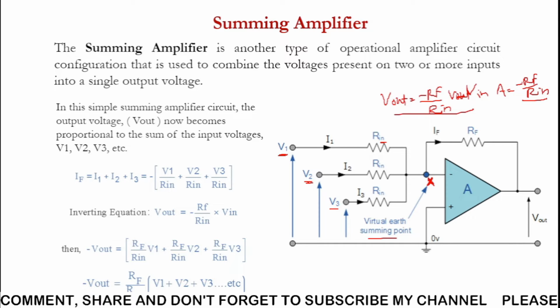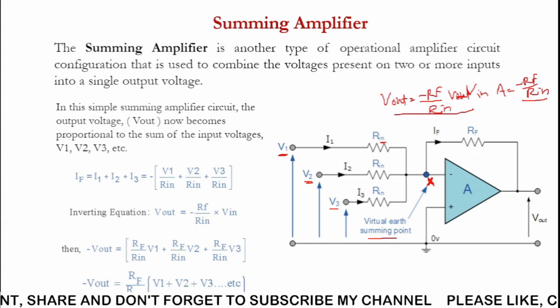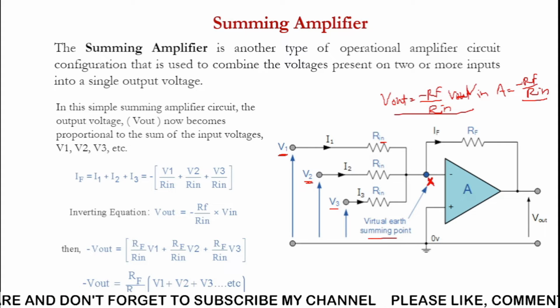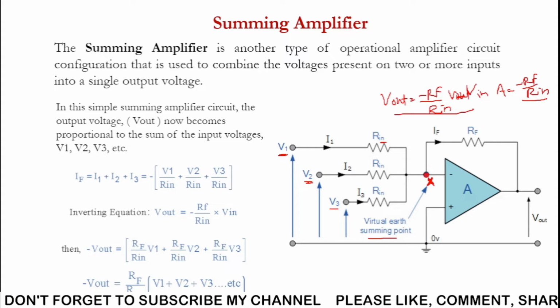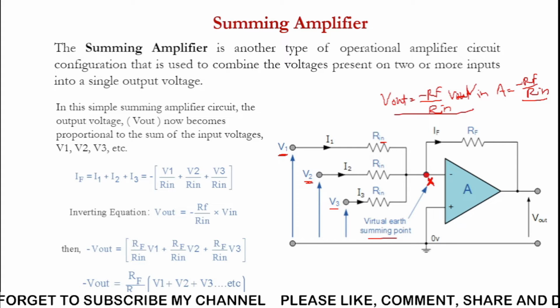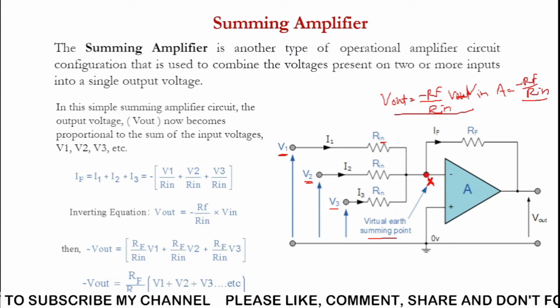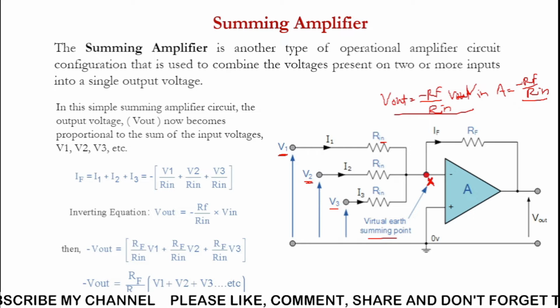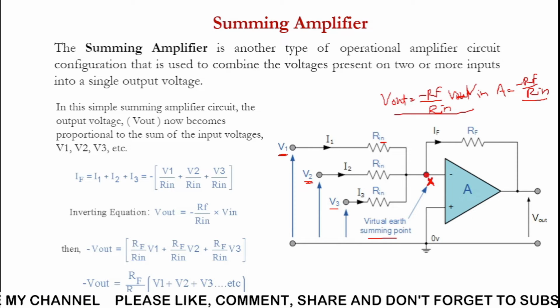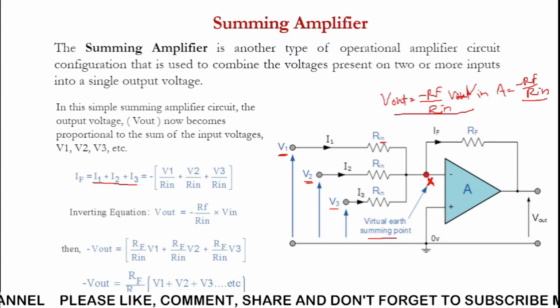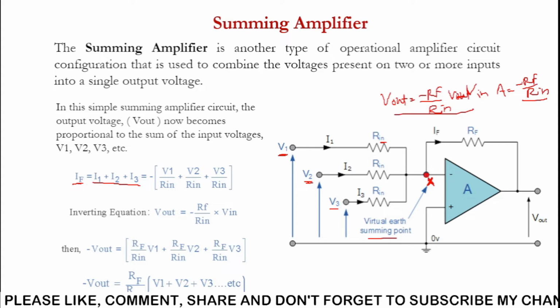So now the V in is nothing but V1, V2, V3 and so on. So we have to find out according to Kirchhoff's current law. We can say the current entering the node is equal to the current leaving the node. We can say IF, that is the current leaving the node, is equal to I1 plus I2 plus I3, according to Kirchhoff's current law.